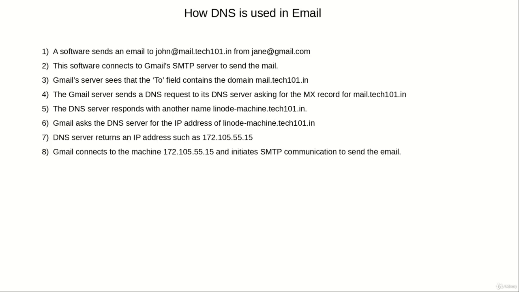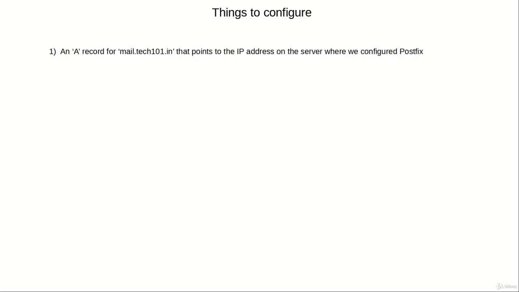Given the above sequence, here is what we must configure in the DNS server used by our domain. An A record for the name mail.tech101.in that points to the IP address of the server where we configured postfix, which is 172.105.55.15.